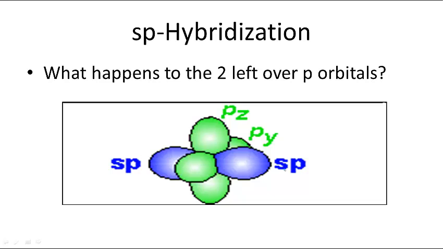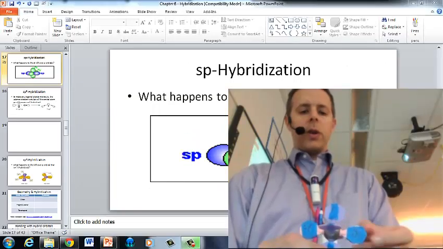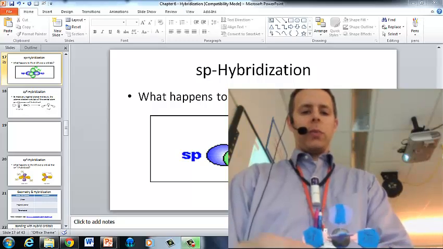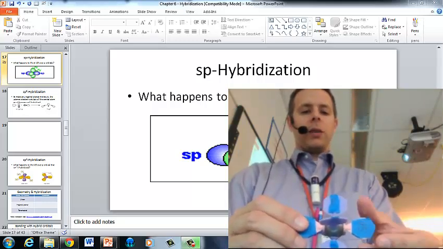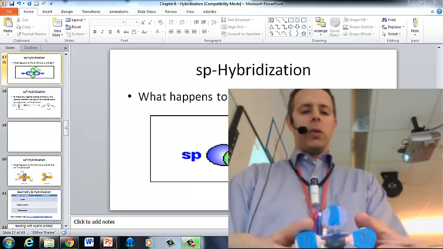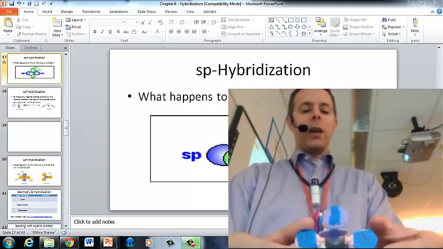I also built a model of this, so I'm going to put on the webcam so that people at home can see them, and then I'll pass the model around. All right, so here's my attempt to show to the webcam my sp hybridized molecule, or sp hybridized atom.